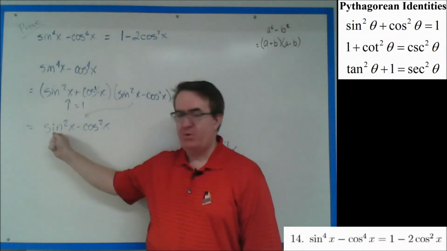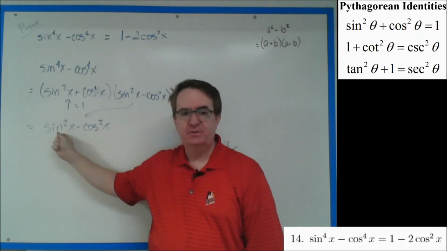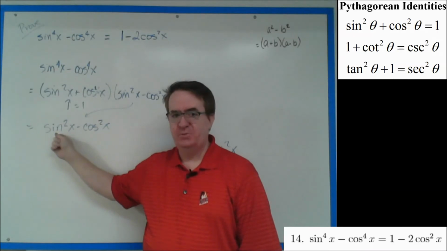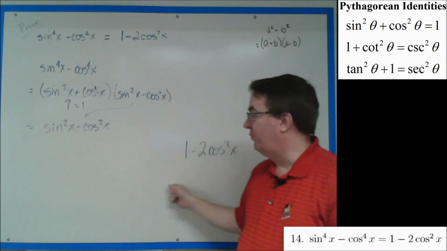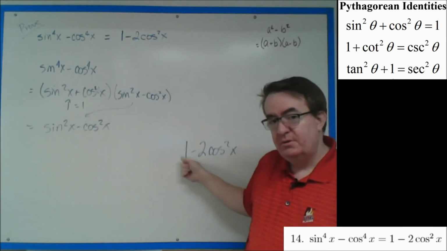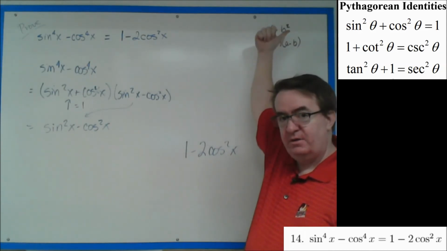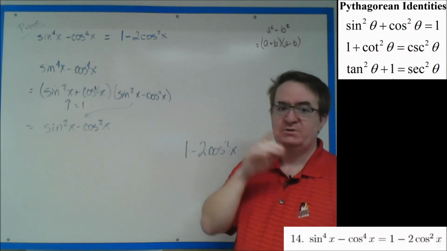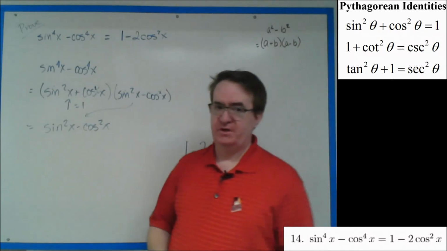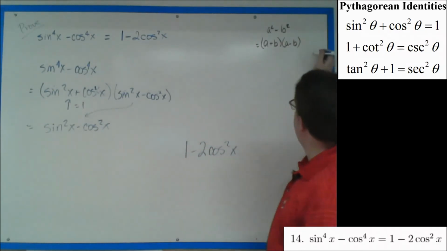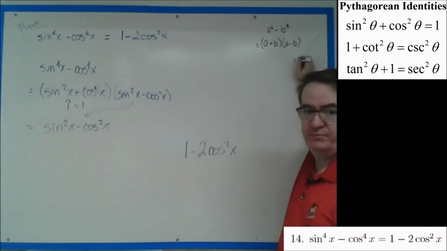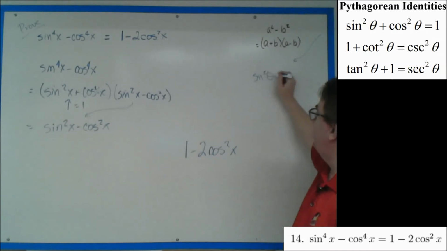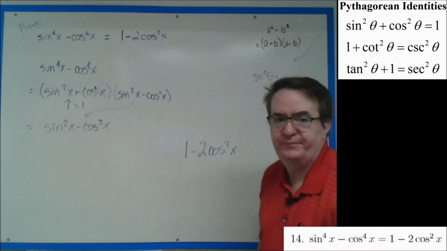So the question is, how can I mess around with sine squared x? Again, remember what I just said. I have sine squared. I want a 1. So back up here again, I should be messing around with this. The thing in the back of your head which you need to ask yourself is this: based upon what's coming out of here, what is sine squared theta really worth to you?